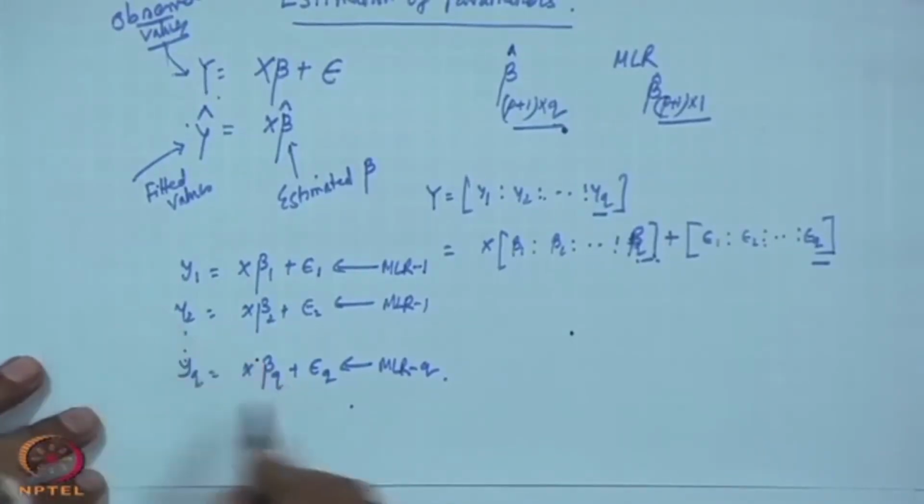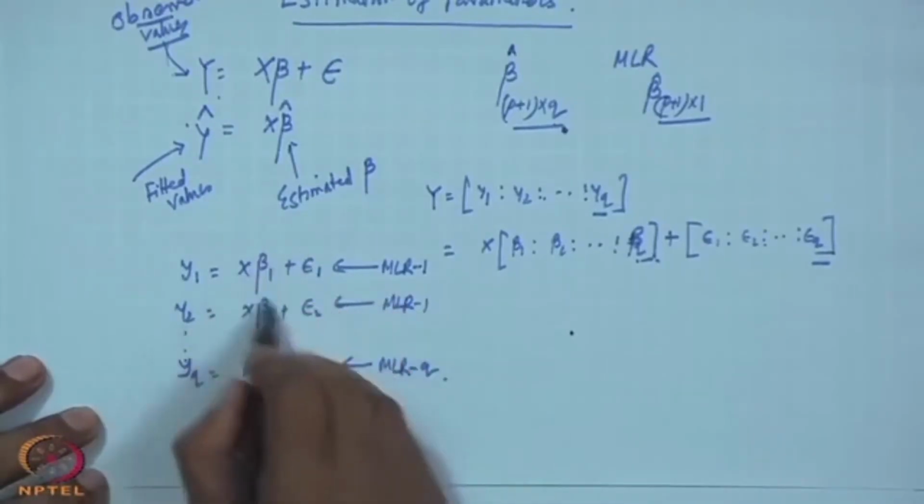Then what do we have to estimate? We have to estimate beta 1 to beta q.